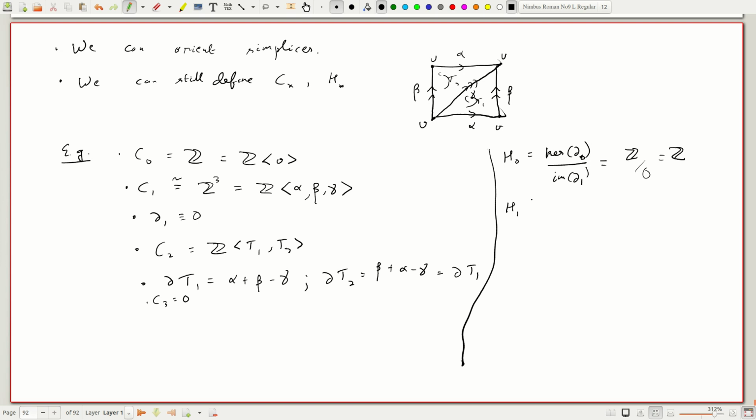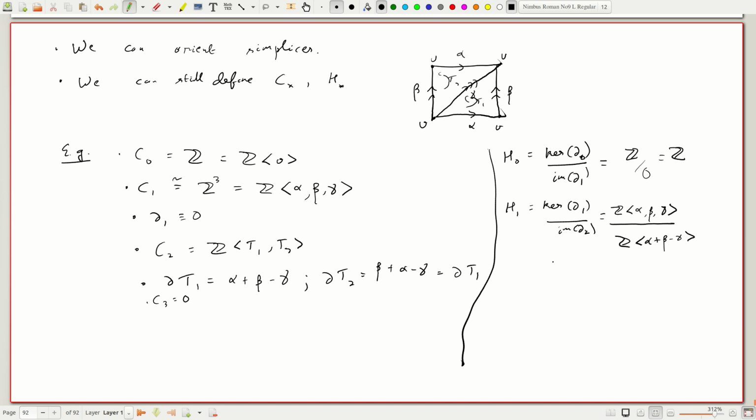H1 is the most complicated, so H1 is the kernel of delta 1 by the image of delta 2. In this case there is both a kernel and an image, so the kernel is everything. So this is Z of alpha, beta, gamma, and it's the quotient by the single element which is the boundary of T1, which happens to be the same as the boundary of T2.